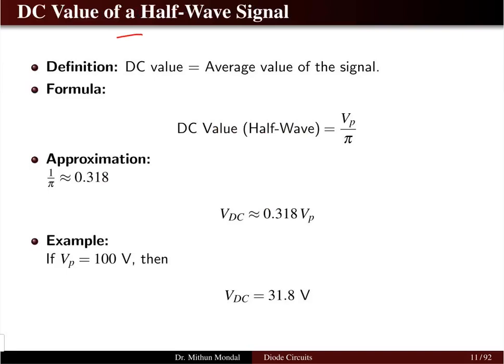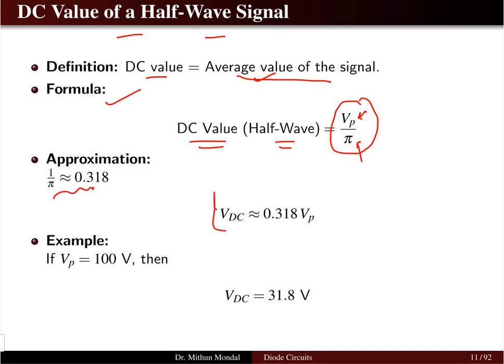The DC value of the half wave signal is equal to the average value of the signal. The average value of the AC wave is 0, but for the DC wave we will get a certain average value. The formula to calculate the DC value for the half wave is Vp by pi. Vp is the maximum value and pi is a constant. 1 by pi we know is approximately 0.318. So the average DC value is equal to 0.318 times the maximum AC input voltage.